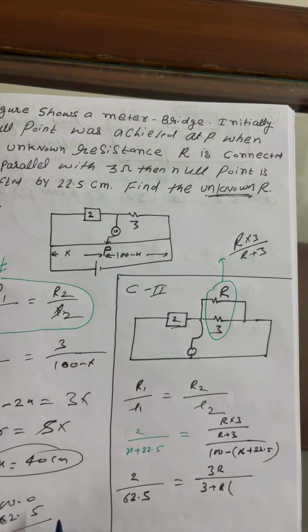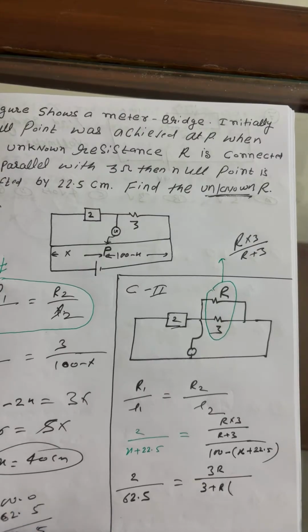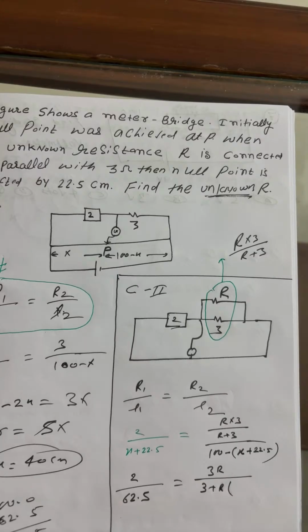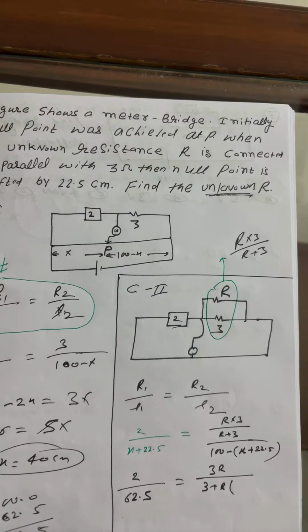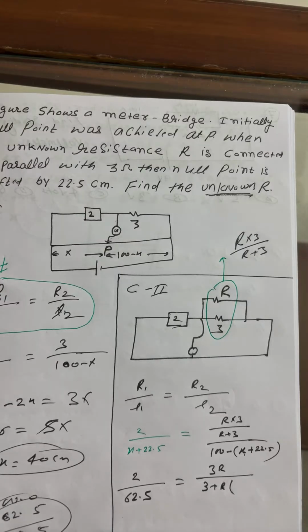Sorry. Doing the subtraction, 100 minus 62.5 gives 37.5, and 9 minus 2 is 7, and so on.